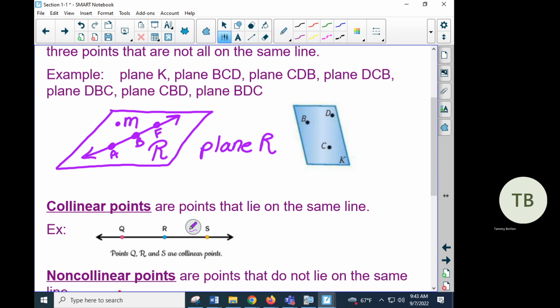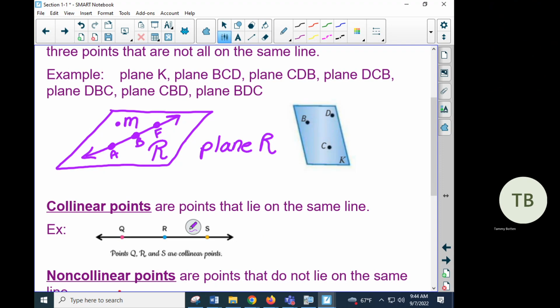The reason is if you have a straight line, there's infinitely many planes that you can slice through that line. So a straight line never determines a plane. Because of that, you need at least one point that's not on the line. Okay, so I could name this as plane ABM.